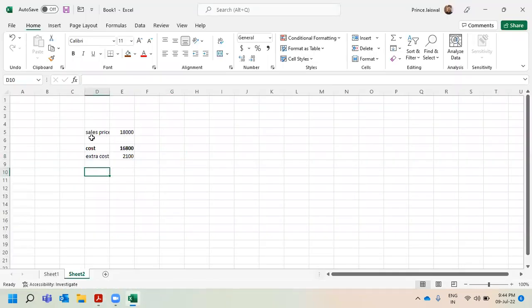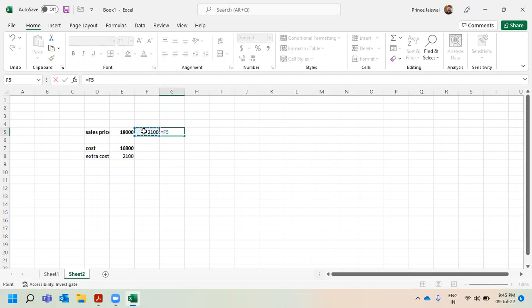So what is my proceed? My proceed is 18,000, and in order to sell it, I have to incur the extra 2,100. So what is my NRV? 18,000 minus 2,100 comes to 15,900.